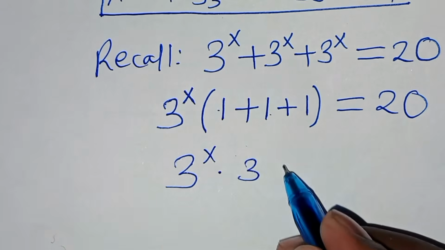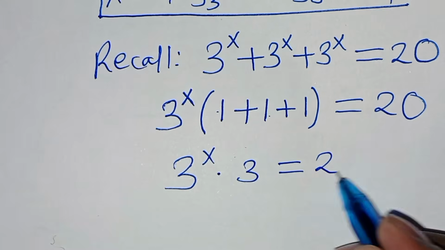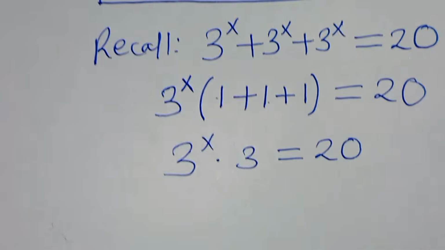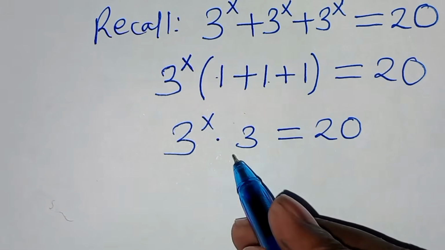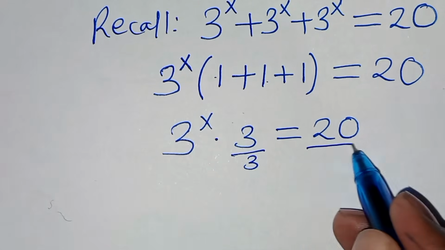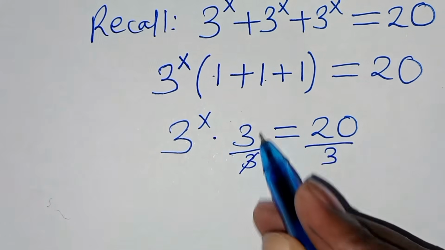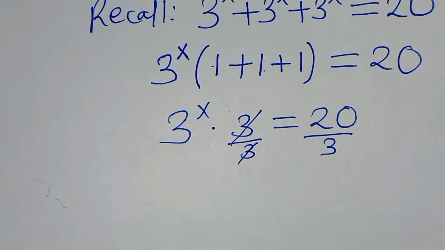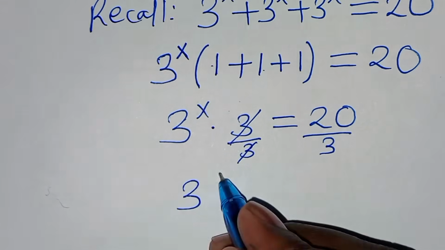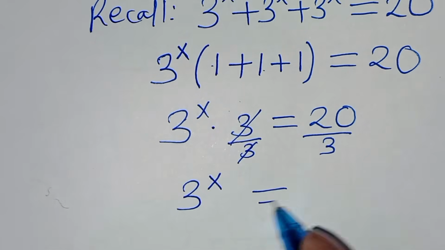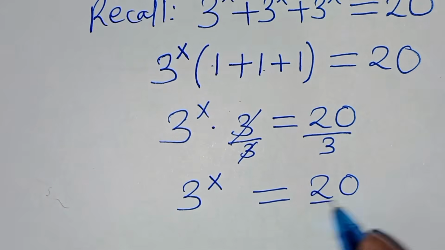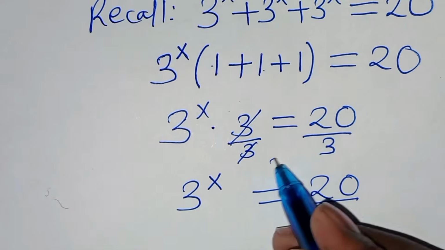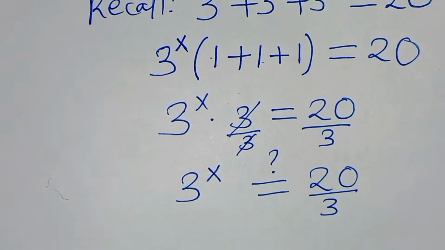This is 3, and this is equal to 20. So let's divide by 3, so that now we have 3 to power x equal to 20 over 3.